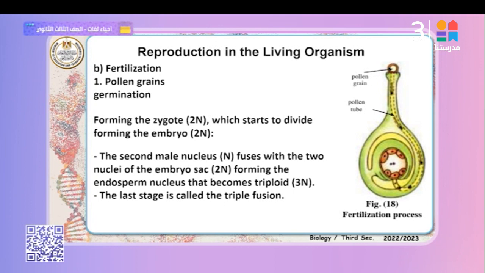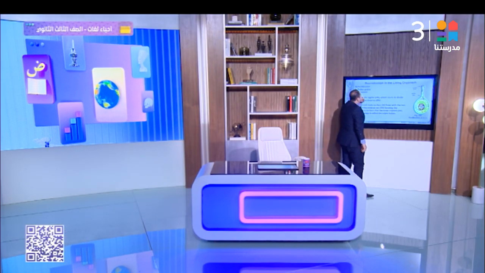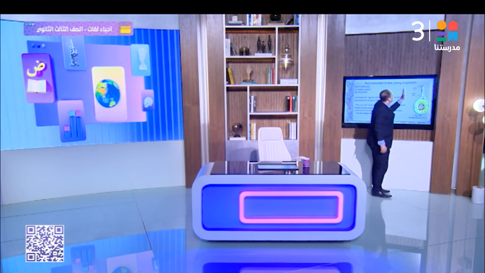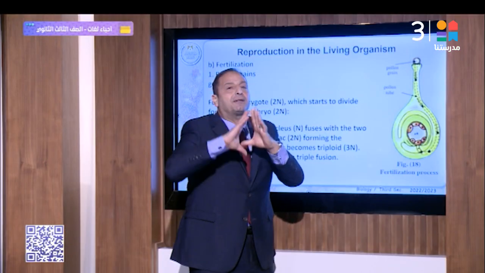Fertilization. Okay? Now we are going to focus on this point on the board. Fertilization. The pollen grain is transferred by wind or insects and sticks to the stigma. The stigma secretes a sugary substance to make it stick.